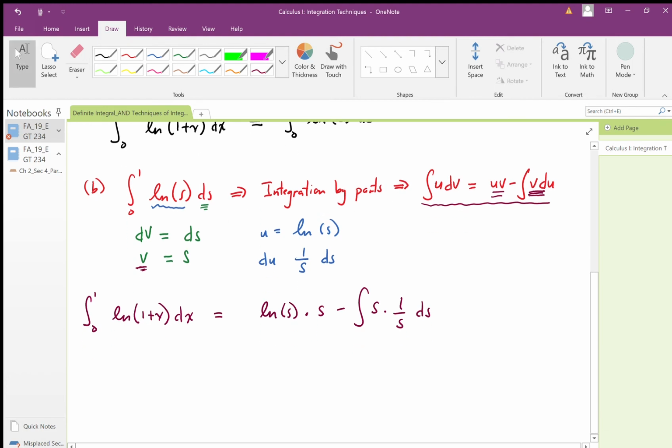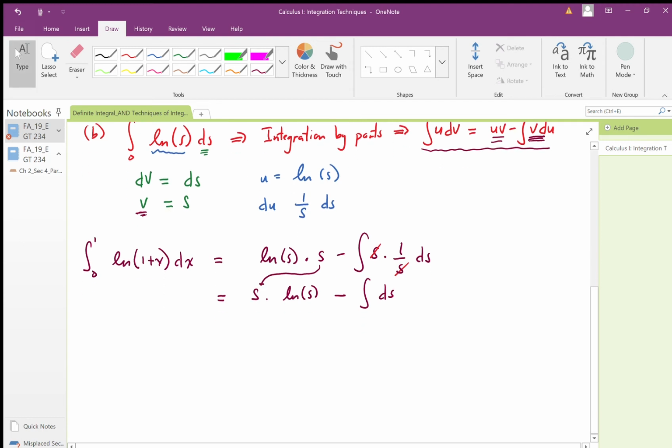I'm going to take this step further: s times the natural log of s, minus, we know that this s cancels out this s, so now I'm left with ds.